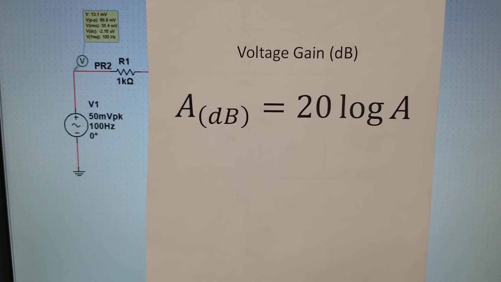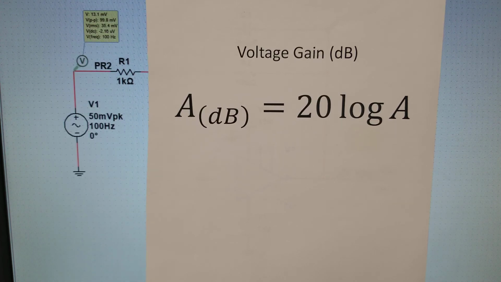And then for the final box on that first row, we have to find the voltage gain in decibels. To do that, we take 20 log, and you'll find that button on your calculator at the 5 o'clock position of the big round button in the middle there.